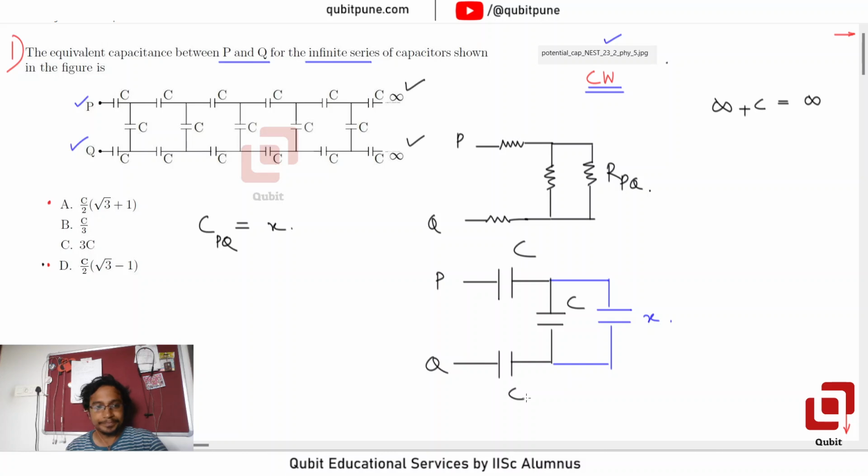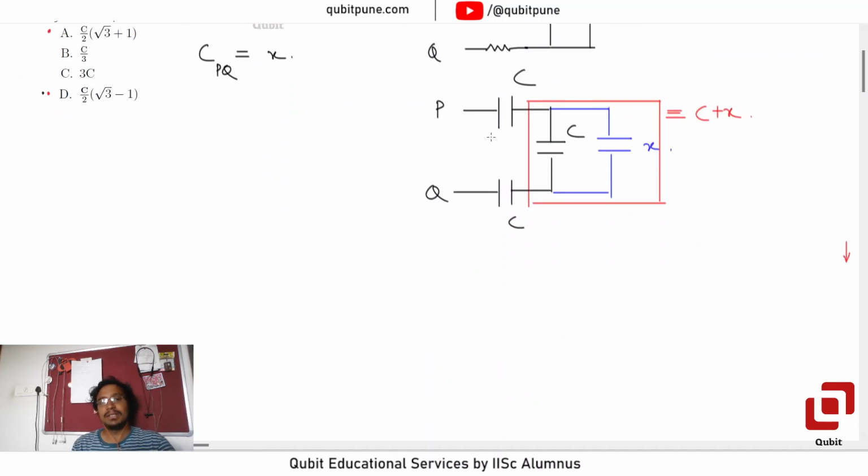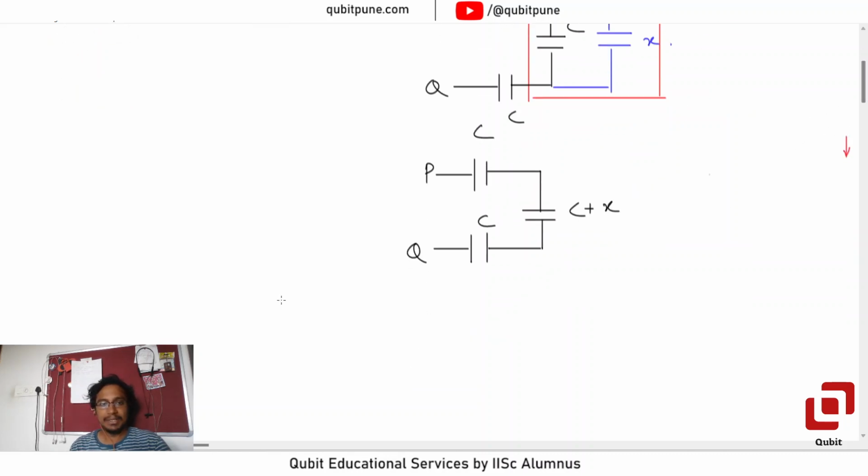Now if you look at the blue one and the black one, they are in parallel, correct? So this will be equivalent to C plus X. And if we now replace that combination by a single capacitance, then these three capacitors will start acting in series, and there lies our answer.